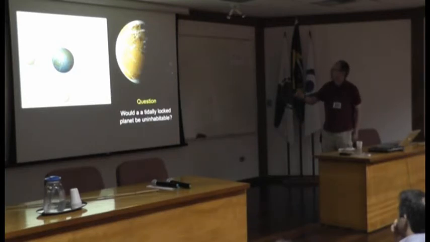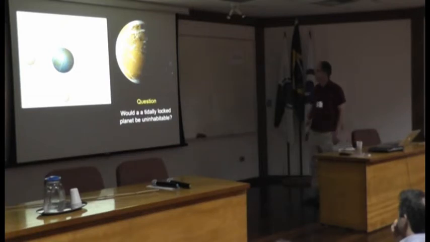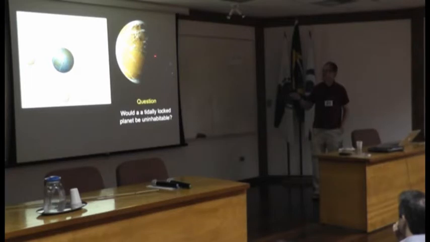Here's a lunar peak, and it's always facing the Earth. So the question arose back over 10 years ago, would a tidally locked planet be uninhabitable? Because this is the day side, and there's a permanent night side. Could an atmosphere condense out on the night side and make this uninhabitable?